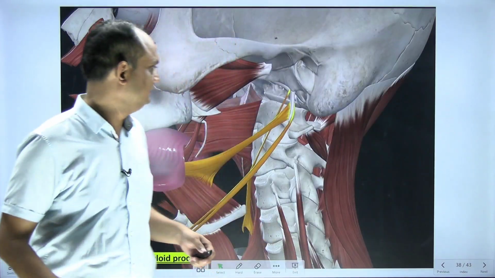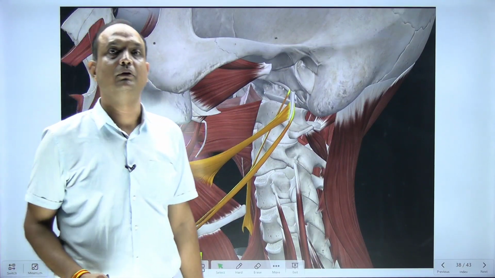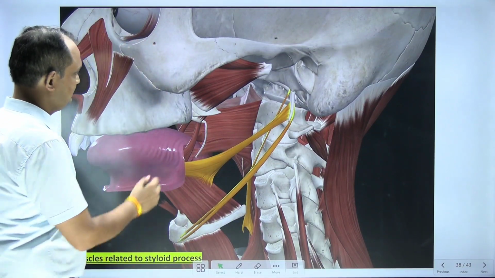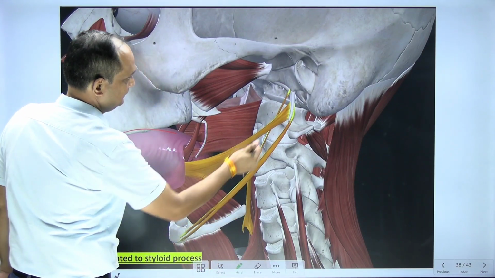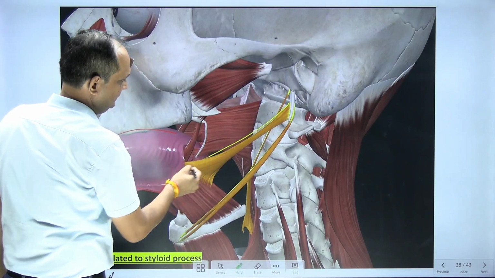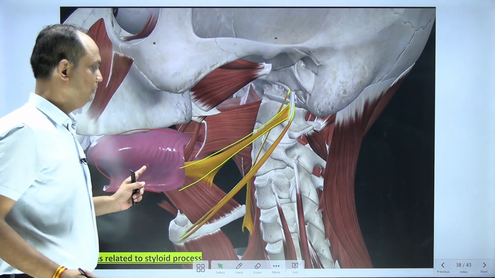Now when you see the muscles, these are the three muscles which go to three different areas from the styloid process. First, this is the tongue. This is the connection between the tongue and the styloid process, so obviously this will become the styloglossus.